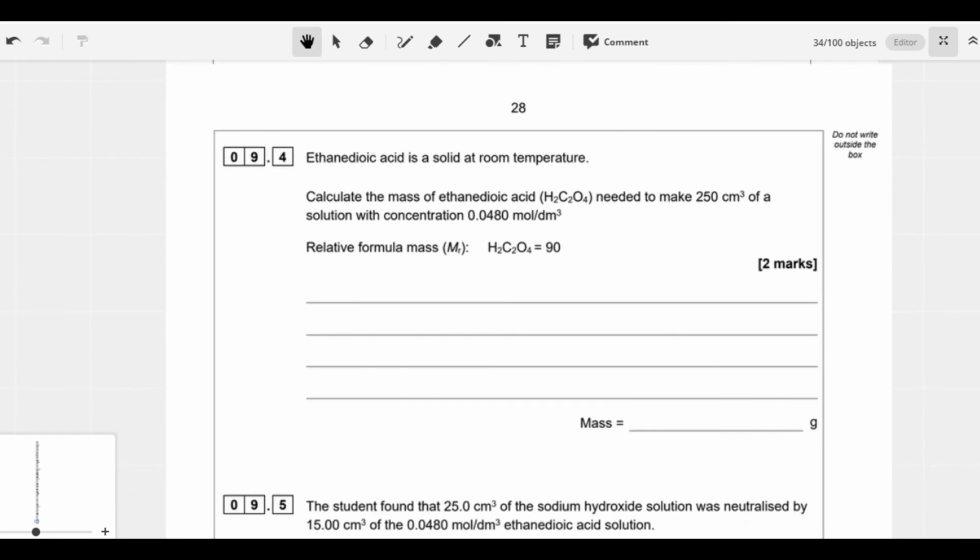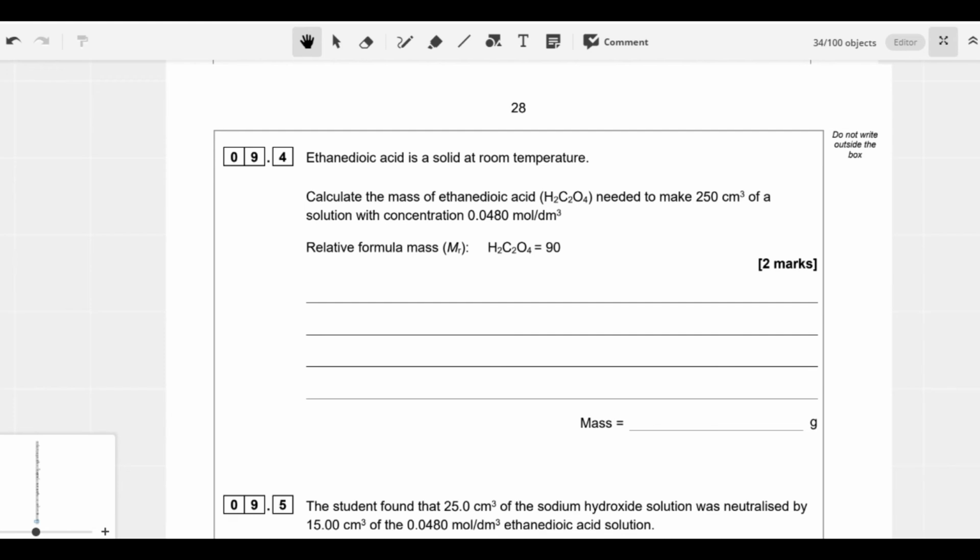Okay, so question number 9.4 is about ethanedioic acid, which is a solid at room temperature. Calculate the mass of ethanedioic acid needed to make 250 centimeter cube of a solution whose concentration is 0.0480 moles per decimeter cube. Relative formula mass is given.